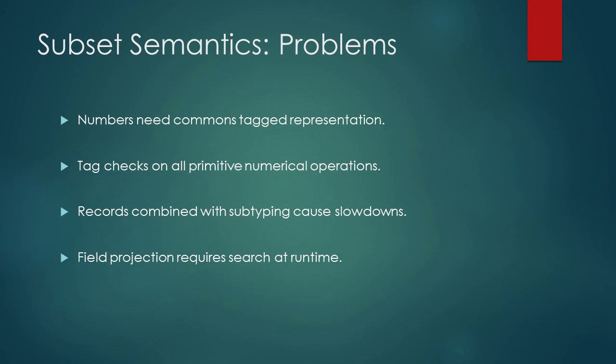It's a major source of time loss for high performance computing and things like that. There's also this idea of records that, combined with subtyping, cause slowdowns. The big idea is that you have to perform searches at runtime if you use subtyping with records, and this is also a major source of slowdown.